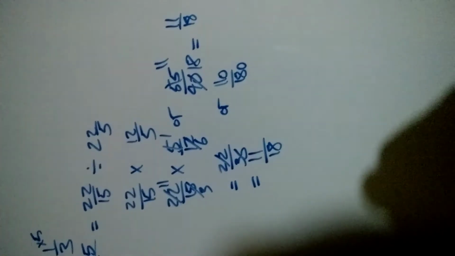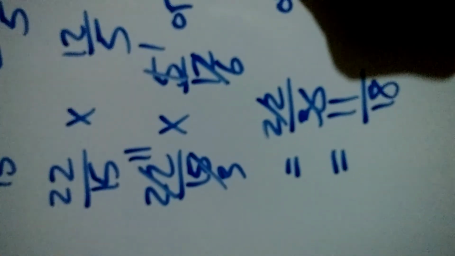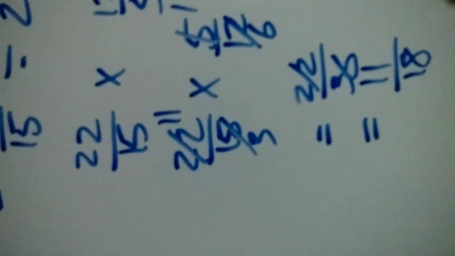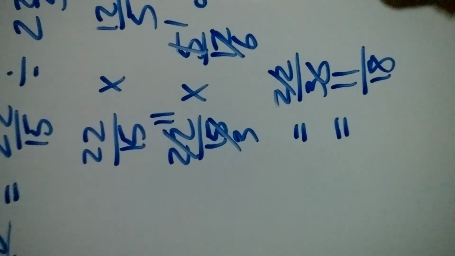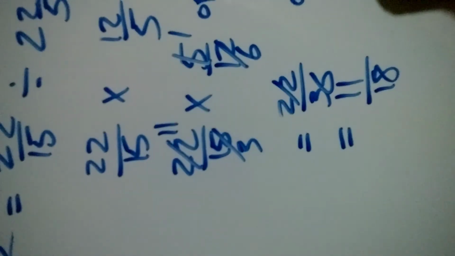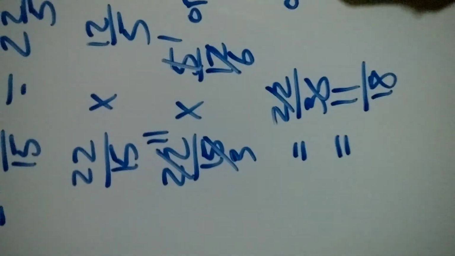And you divide that by 5. 5 into 110 gives you 22, and 5 into 180 gives you 36.